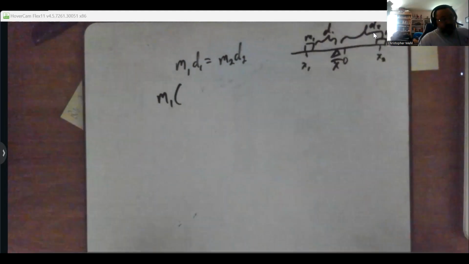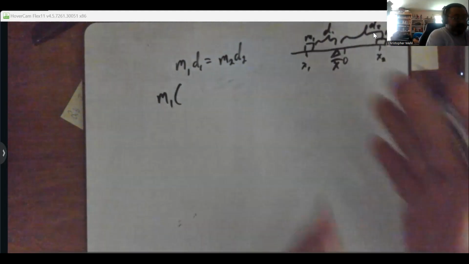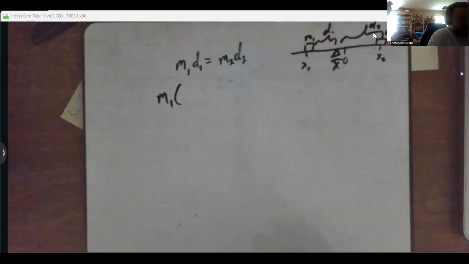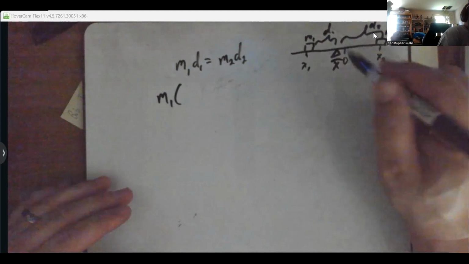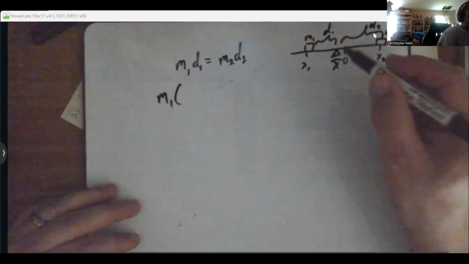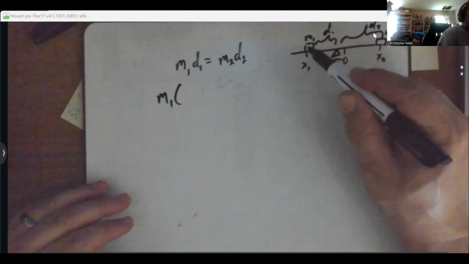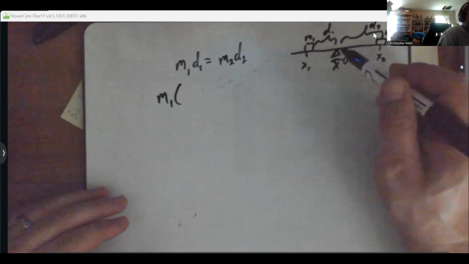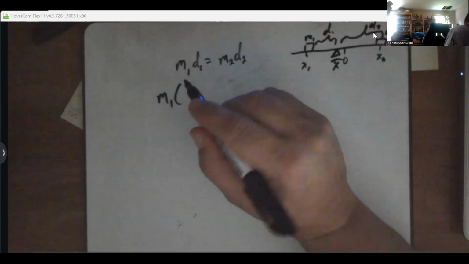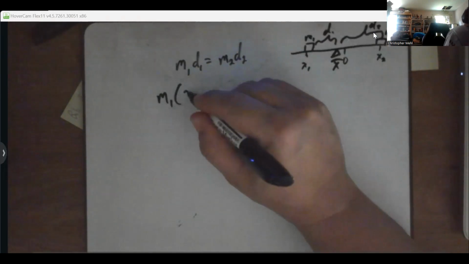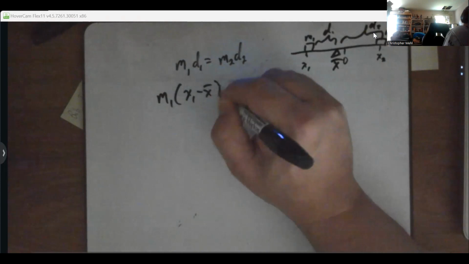So it's an arbitrary coordinate system; 0 doesn't necessarily have to be there. We're just sticking a coordinate system on it. The coordinate of mass 1 is going to be x1, and what we care about is the distance from mass 1 to the balance point, which is at x bar. That distance is given by x1 minus x bar.